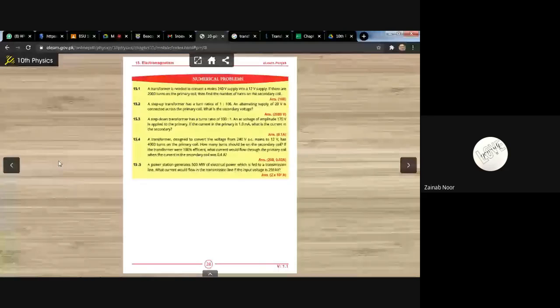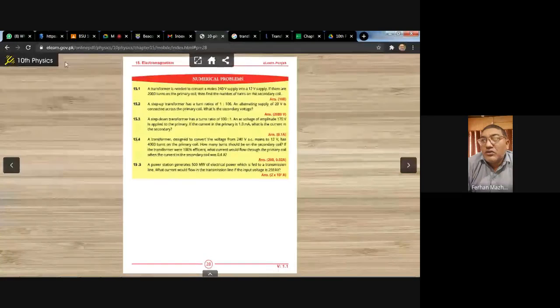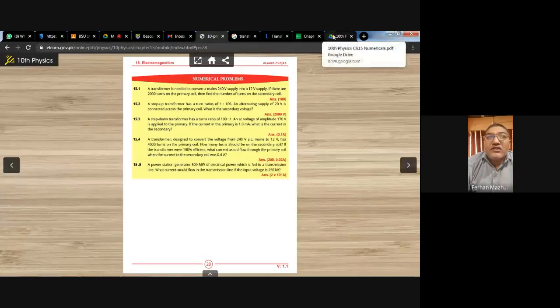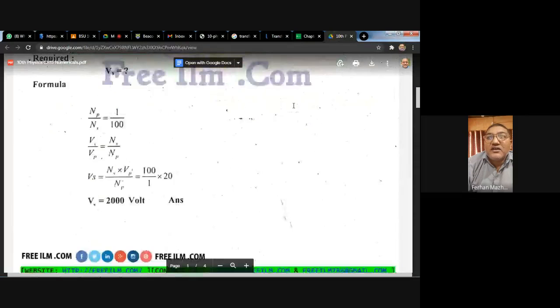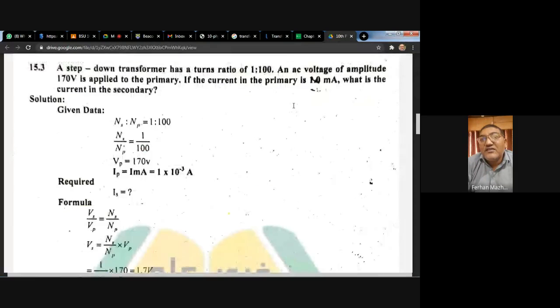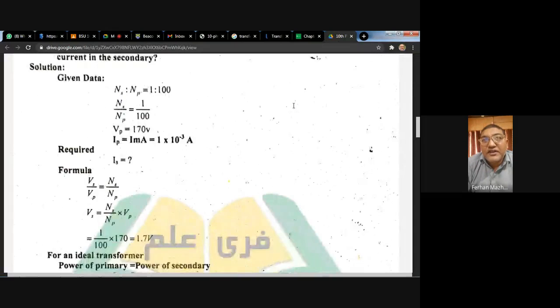Yes, sir. Okay. So now let's go to this numerical. In this numerical, there are two steps. The NS to NP ratio is given. NS value is 1, the number of turns of the secondary is 1. The number of turns in the primary is 100. The voltage in the primary is 170 volt, and the current in the primary is 1 milliamp.